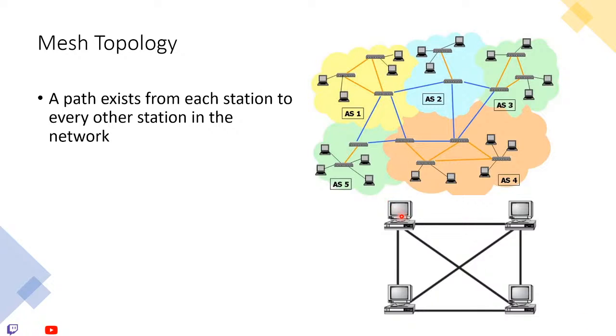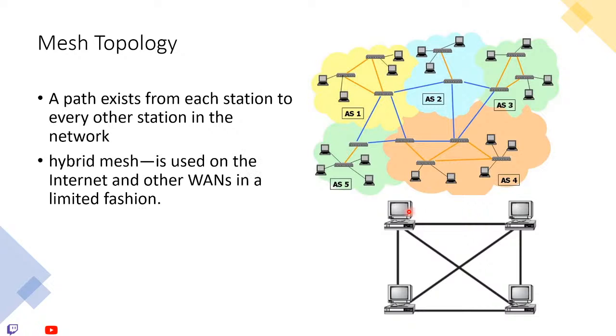So this computer is always connected to all of the three other computers. Similarly, these computers are also connected with all other computers. So every computer is interconnected to every other node in the network. So the mesh.